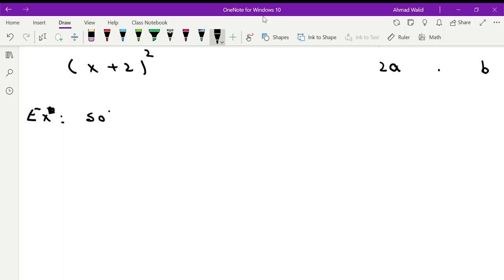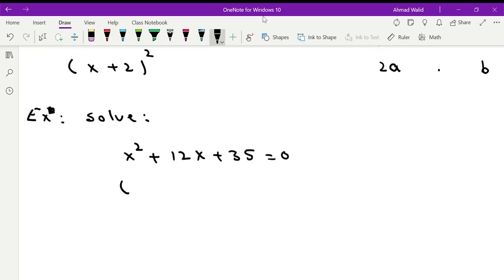Example number 1, solve x squared plus 12x plus 35 equals 0. How to solve? Can I factor?